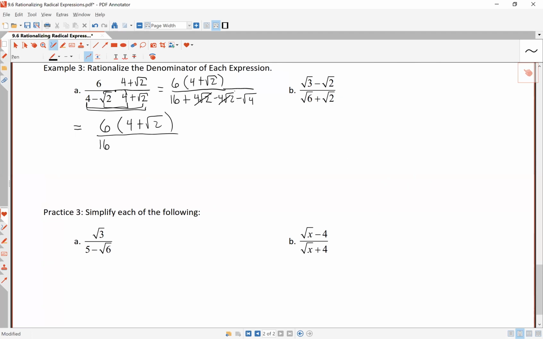These two are going to cancel. Minus 2. 6 times 4 plus square root of 2 divided by 16 minus 2, which is 14. So now you see why I didn't distribute the 6, because now 2 goes into 6 3 times and 2 goes into 14 7, giving us 4 plus square root of 2 divided by 7.